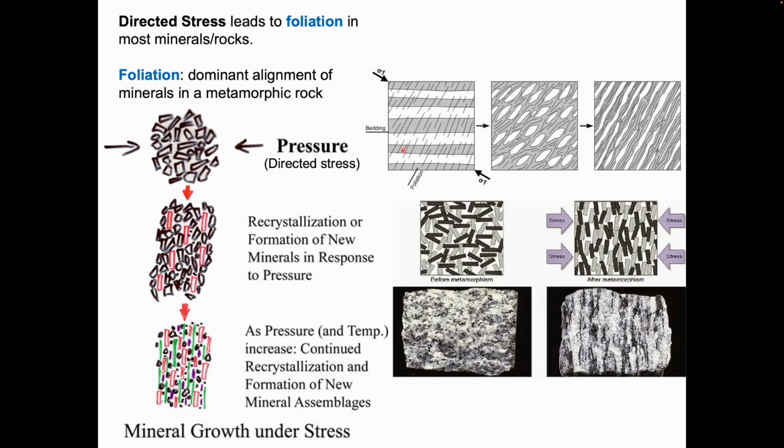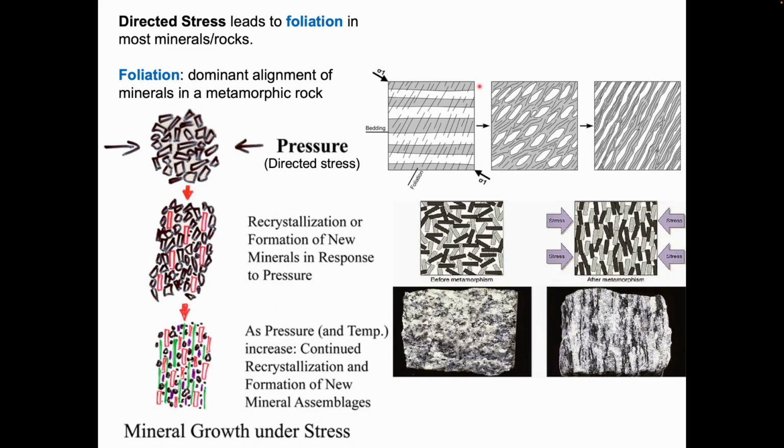On the upper right, we see a bedded sedimentary rock, and let's say it is experiencing a dominant stress from the upper left and lower right corners. As that dominant stress increases, the mineral grains in the sedimentary rock will want to regrow perpendicular to that axis of dominant stress.